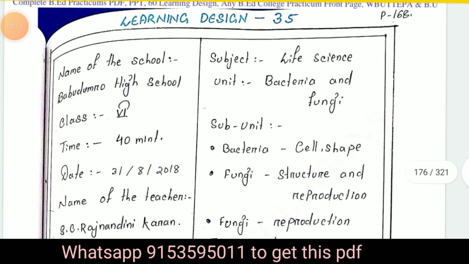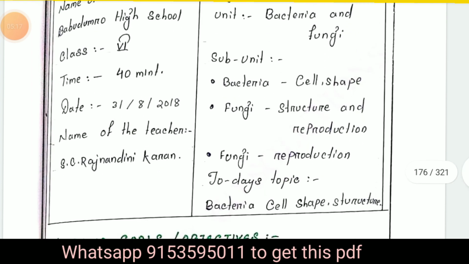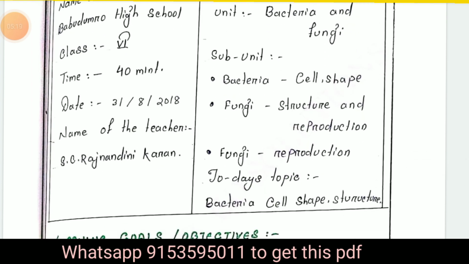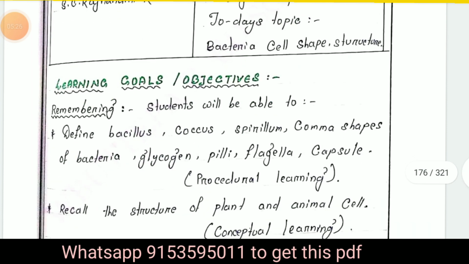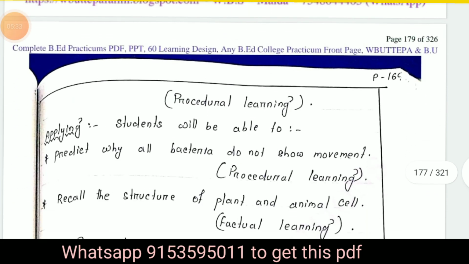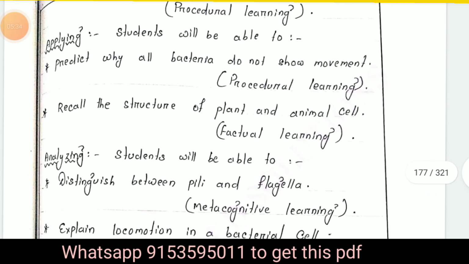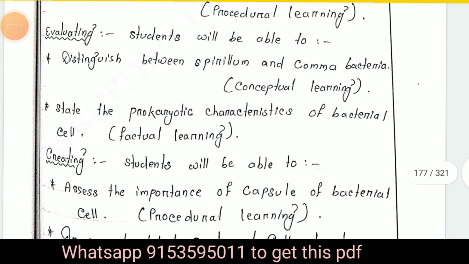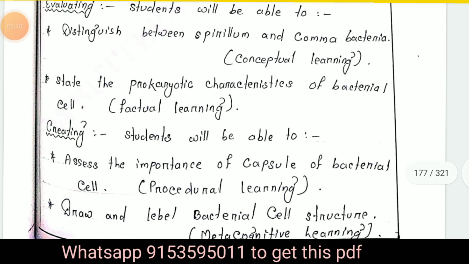Learning design number 35. Bacteria cell shape and structure. Learning goals or objectives: remembering, understanding, applying, analyzing, evaluating, creating.